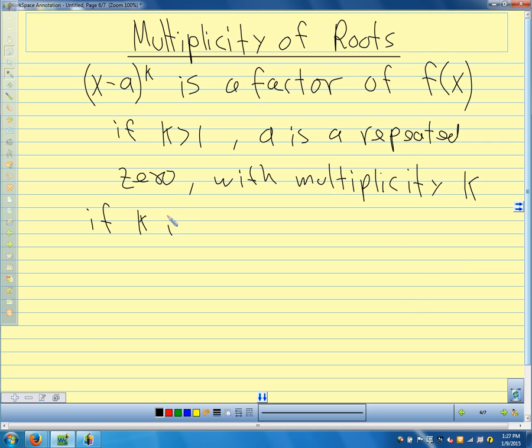If k is even, the graph touches the x-axis at x equals a.